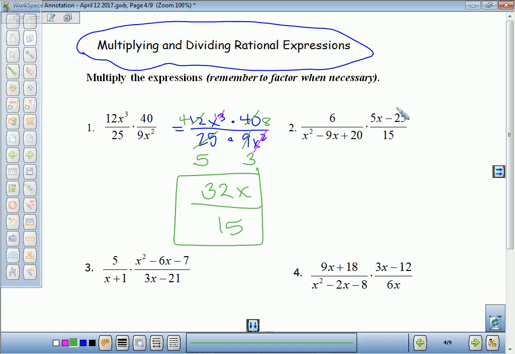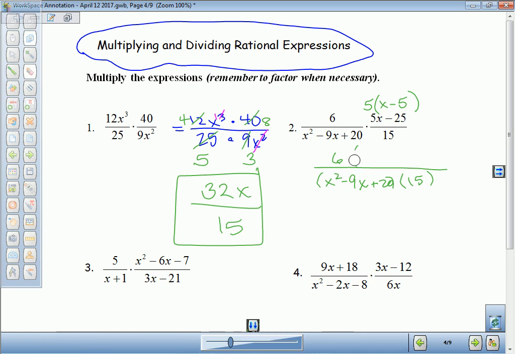Okay, so the next one. It is multiplication, but when we look at it currently, we have 6 times 5x minus 25 over x squared minus 9x plus 20 times 15. So now we factor these. This 5x minus 25 has a GCF of 5.